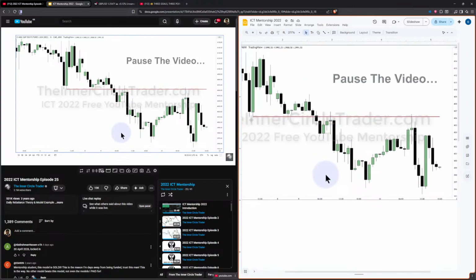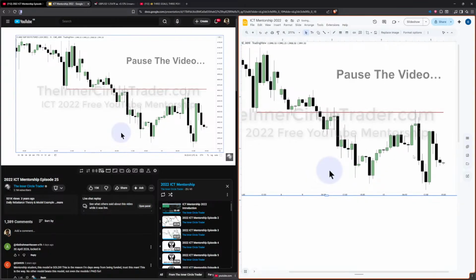Okay, so with this line here, you can see that low was sell side liquidity and it turned into buy side liquidity, which makes sense, because retail traders trade support, and once it's broken through, they treat it as resistance.